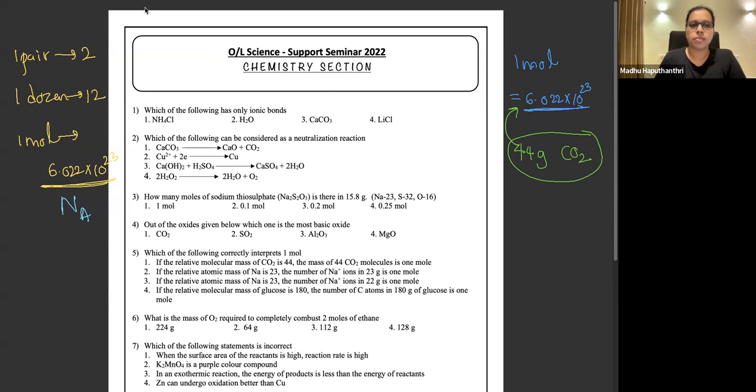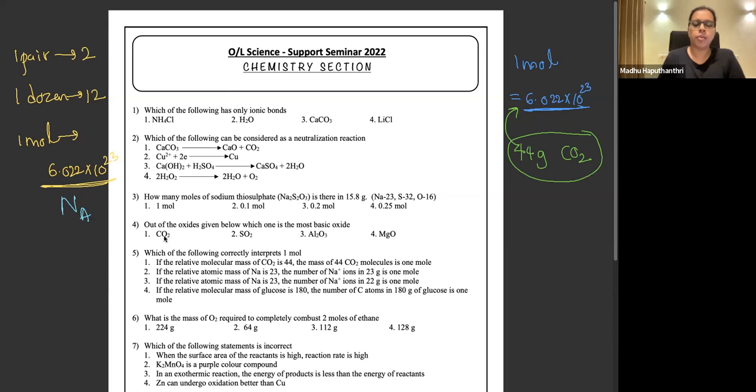And the second one. Right? Second one. If the relative atomic mass of sodium is 23, number of sodium ions in 23 grams is 1 mole. There, do you know what is the relative mass of sodium?